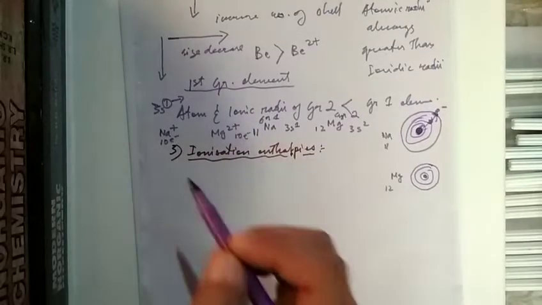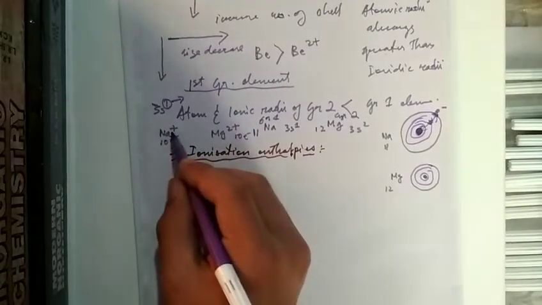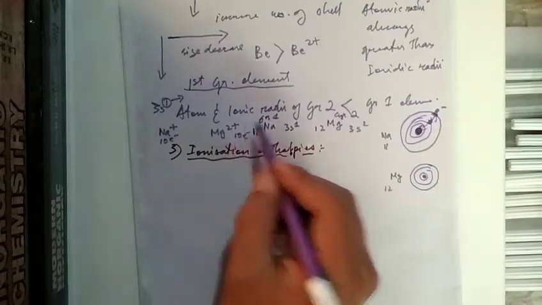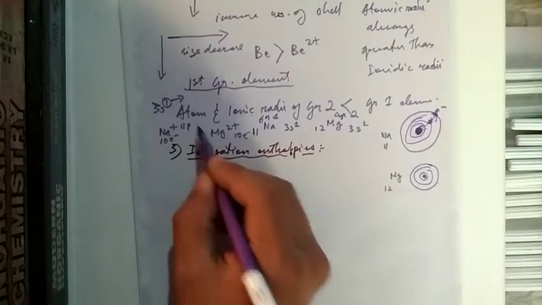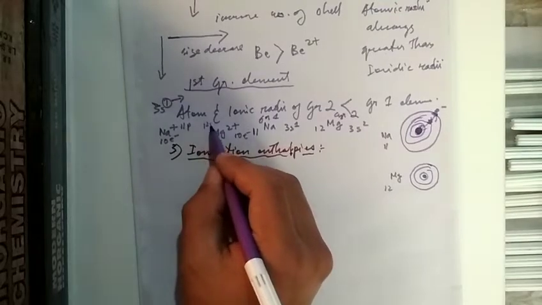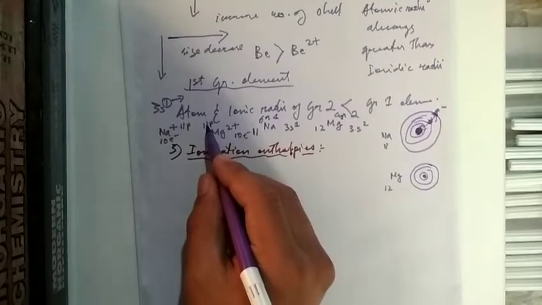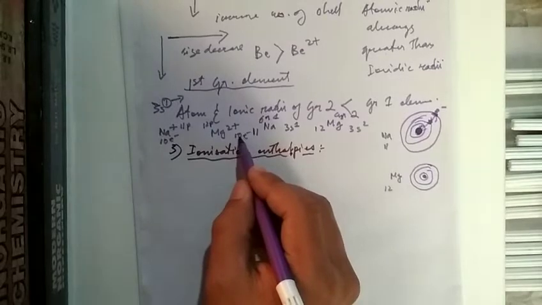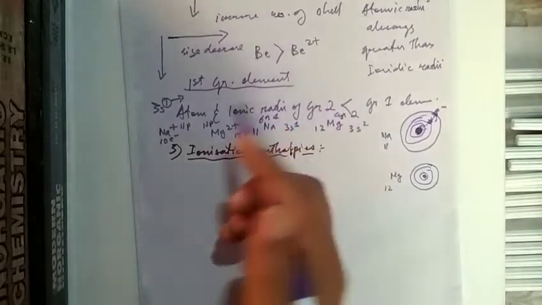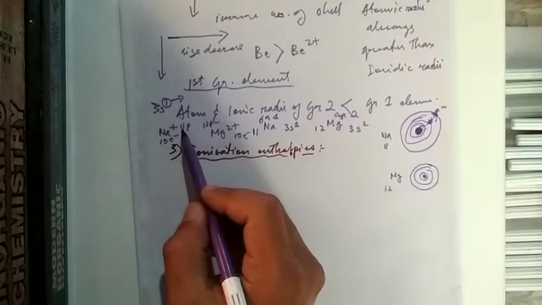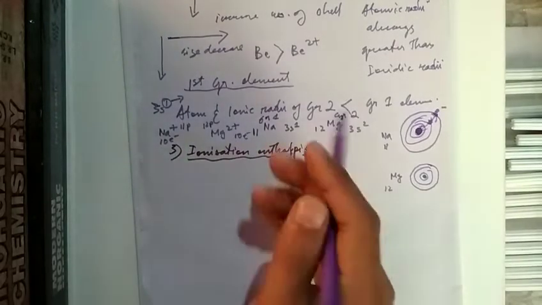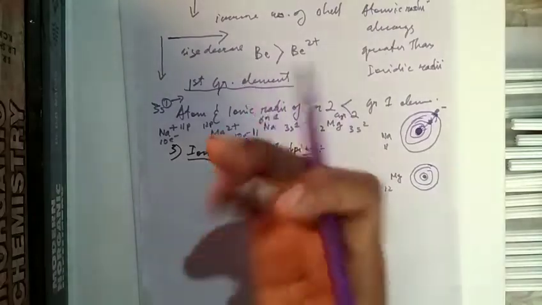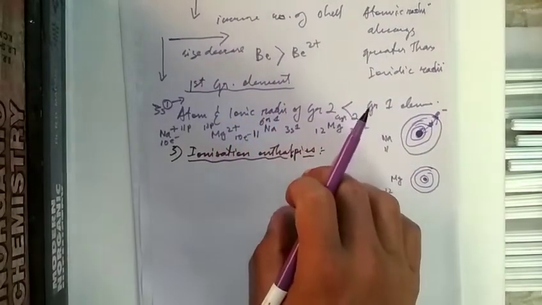But the number of protons remains the same: 11 in Na and 12 in Mg. So the 12 protons can attract the 10 electrons more easily compared to 11 protons, and Mg2+ consequently has a smaller size.